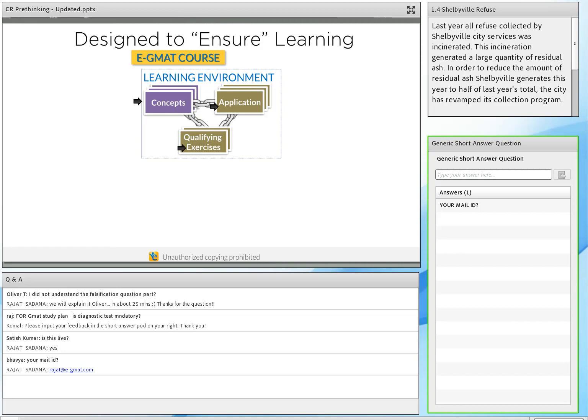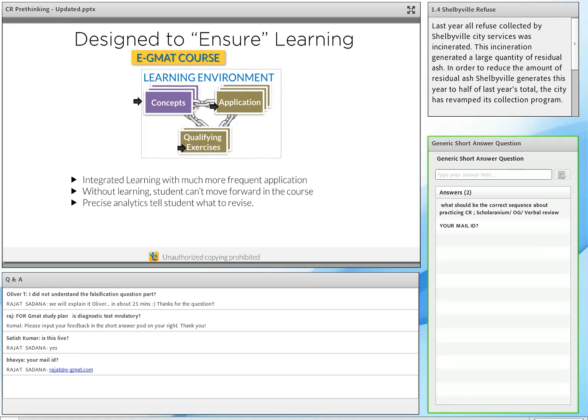So when we teach you inference, we teach you the concepts, and then how to apply those concepts. And while you're doing all of this, you're solving questions. And in the qualifying exercises, just on inference, you're solving questions. So you perfect your skill in inference, then in assumptions, then evaluate, then strengthen, then weaken.